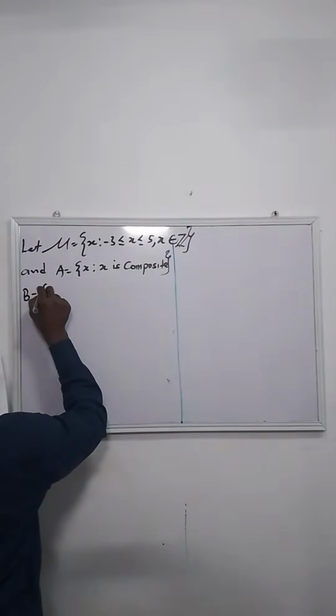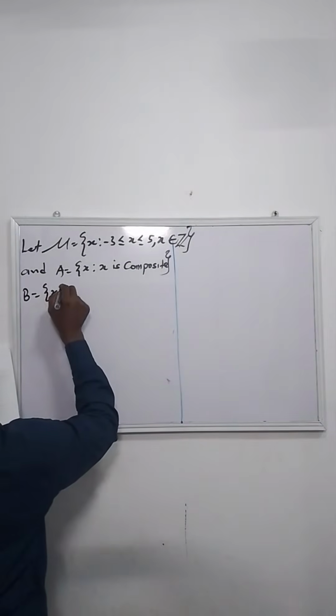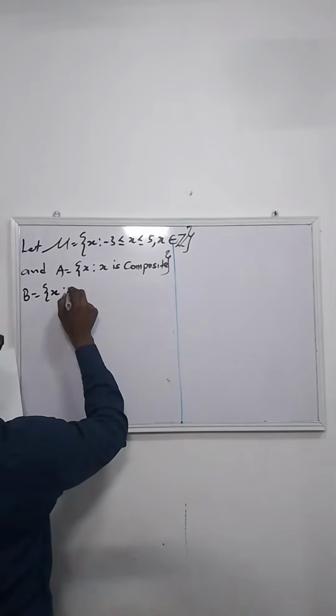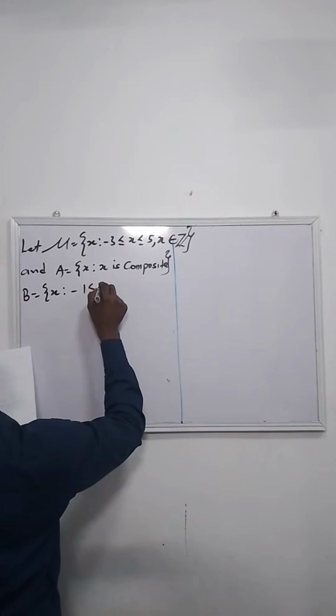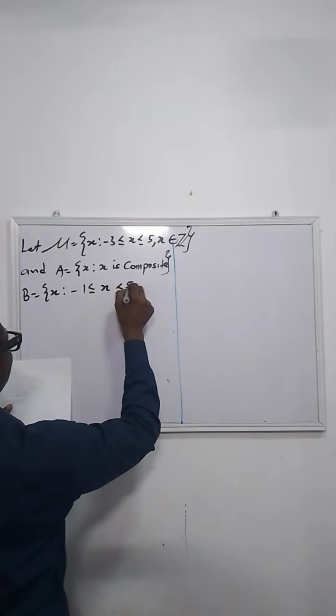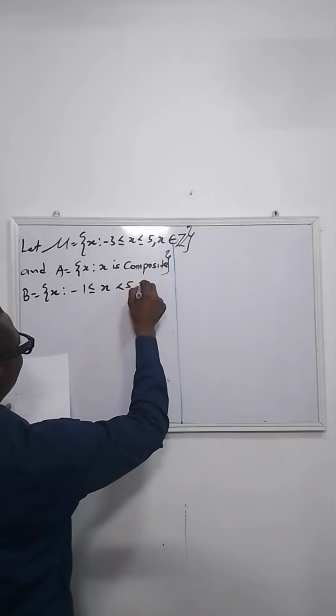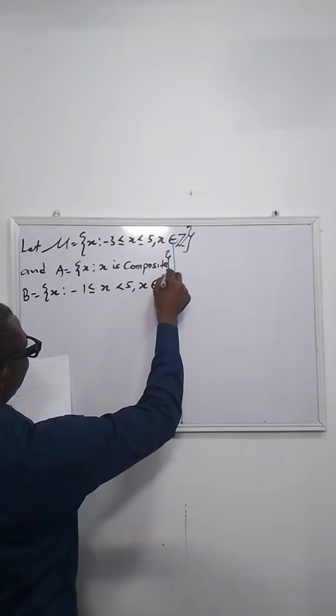B is a set of x such that negative 1 is less than x less than 5, where x is a natural number.